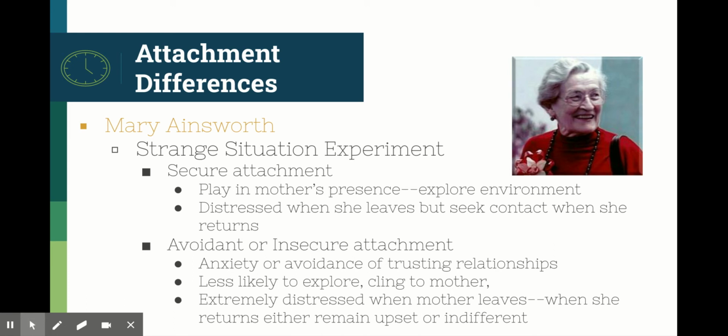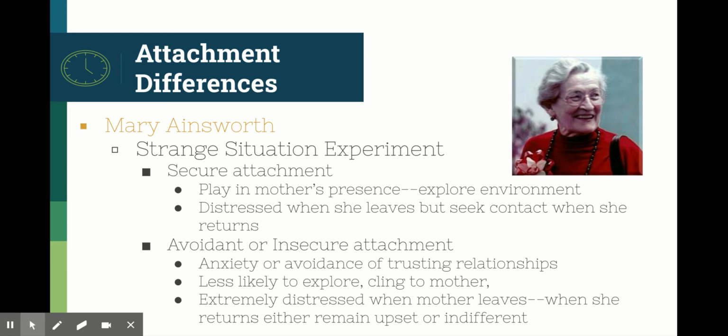Another type is avoidant or insecure attachment. And this leads to, according to Ainsworth, anxiety or avoidance of trusting relationships. So when dropped off, a child with avoidant or insecure attachment would be less likely to explore. They'd be holding on to mom's leg.